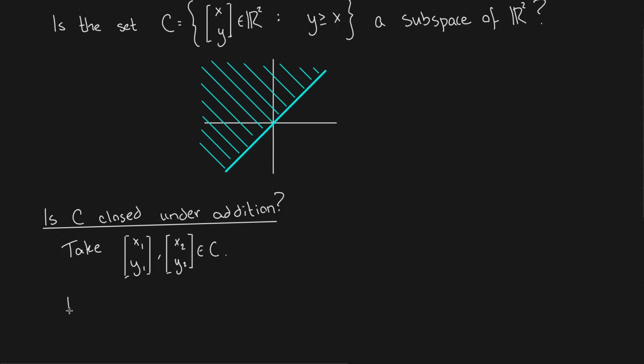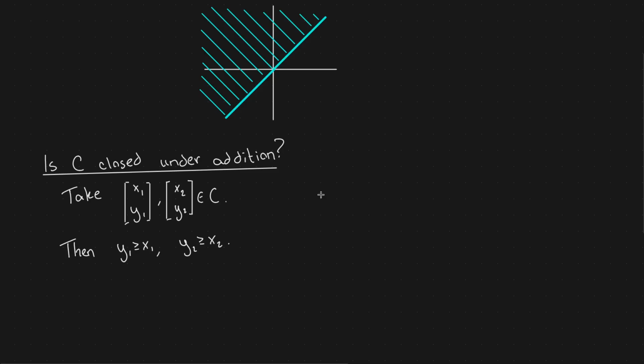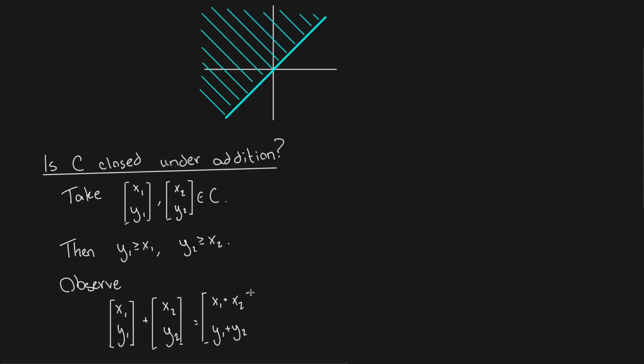Okay. Then we know that y1 must be greater than or equal to x1, and y2 must be greater than or equal to x2. Right? That's what it means to be in set C. Set of all two-dimensional vectors have this property. Okay, but what about the sum? So the sum of the two vectors, I add x1 plus x2 to get my first component, y1 plus y2 to get my second component.